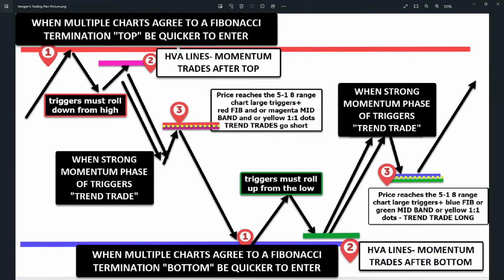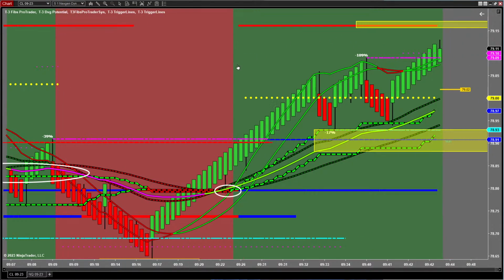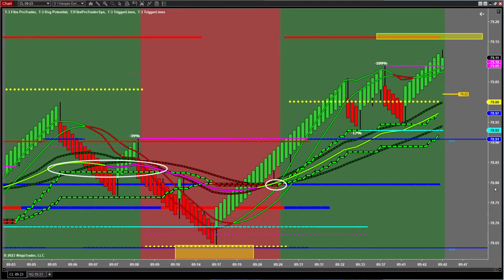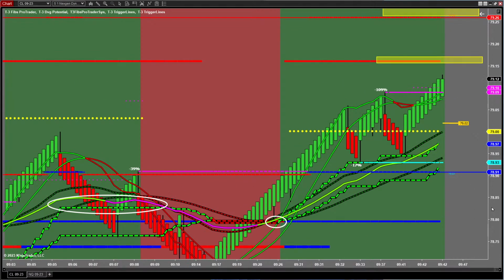So fibs hold, triggers roll, sell a pullback. If they're all going really strong, do a trend trade. And those are your only two trades. You could substitute momentum for high volume area trade, but oh man, that's about it. That's all you were going to get right there. That's really close.